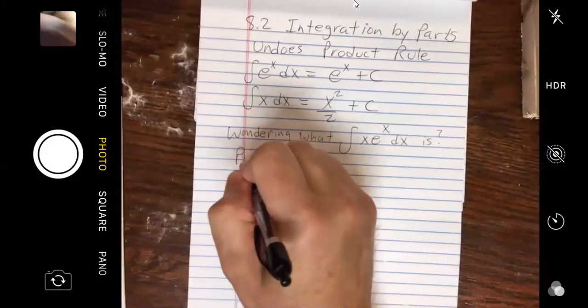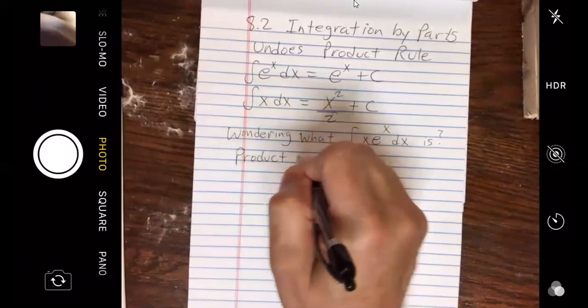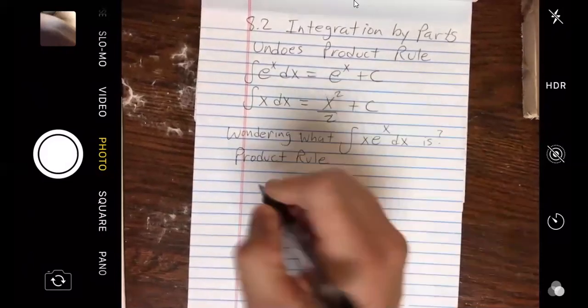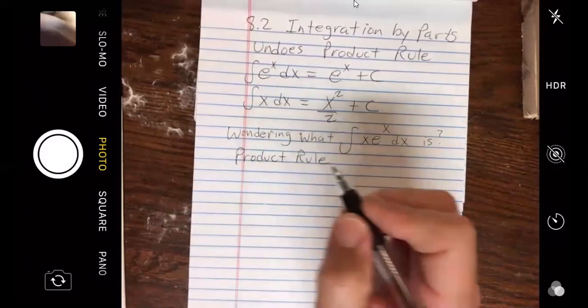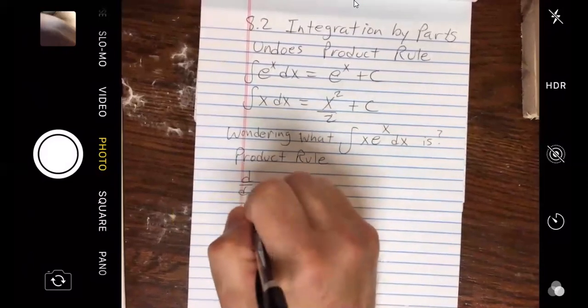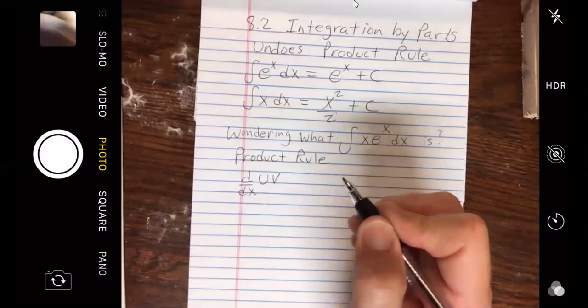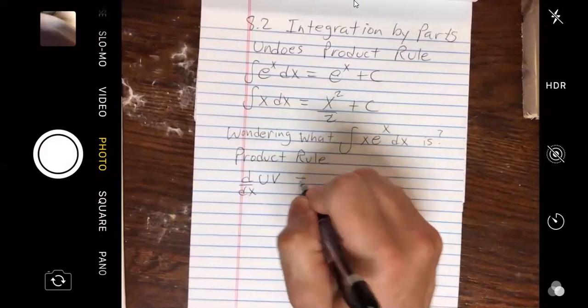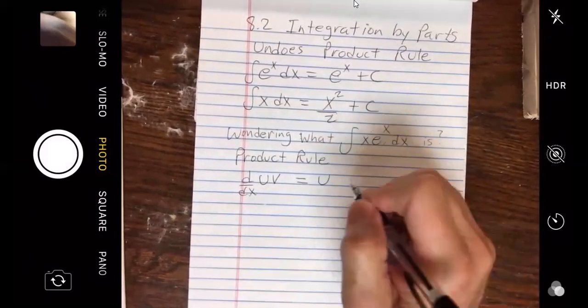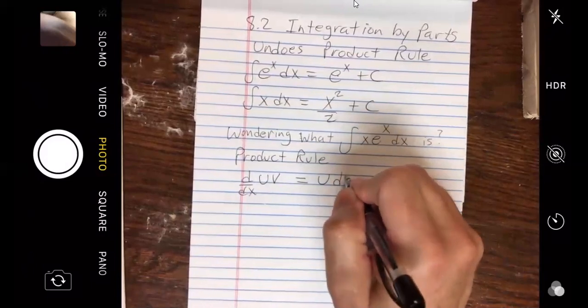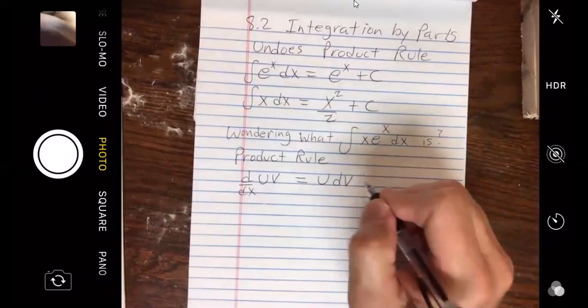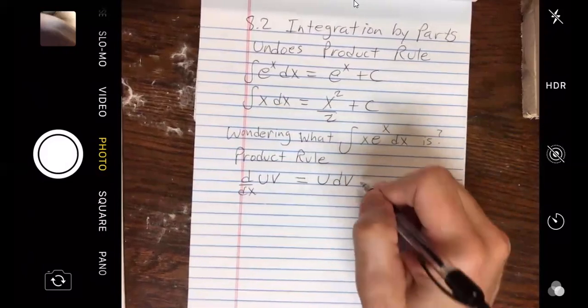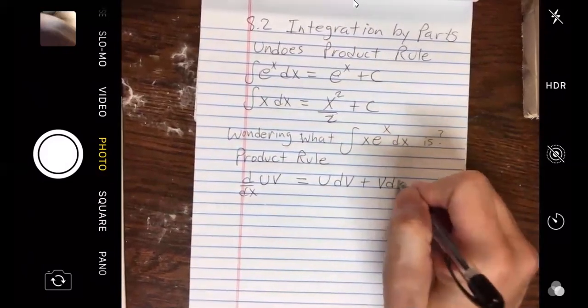All right, go to the product rule. The book uses u's and v's. If I went d dx of u times v, everybody remember, you would go first, derivative of the second, we'll call it dv, plus second, derivative of the first.